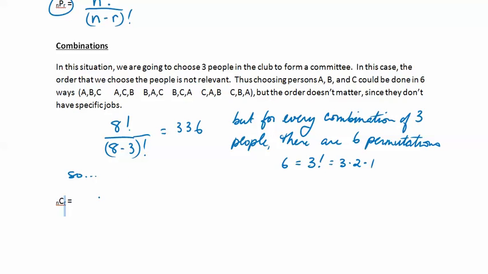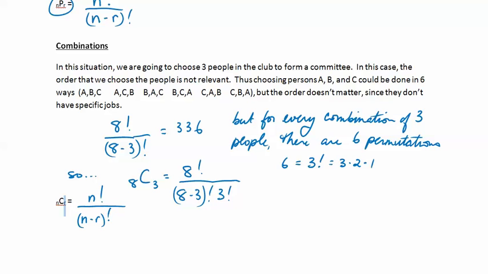So nCr, or in our case, 8 choose 3, we often say 8 choose 3 for combinations, will be 8 factorial divided by 8 minus 3 factorial, and also divided by 3 factorial. So n choose r becomes n factorial divided by n minus r factorial divided by r factorial.